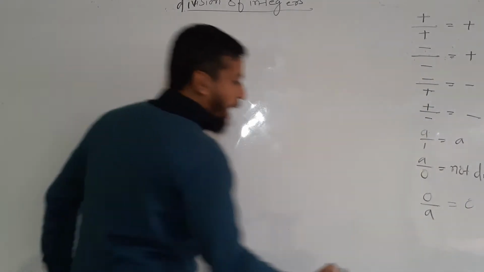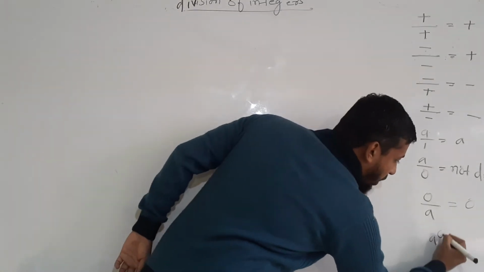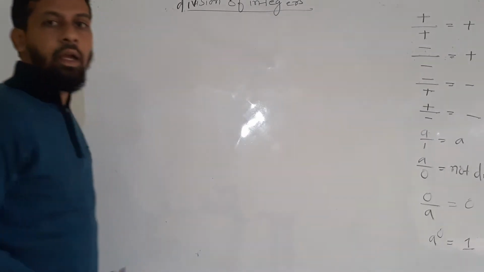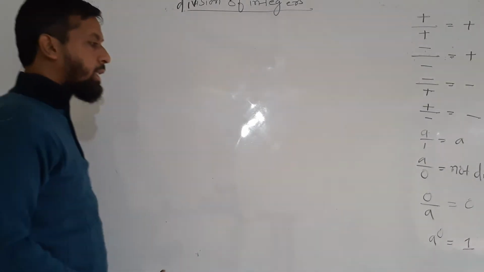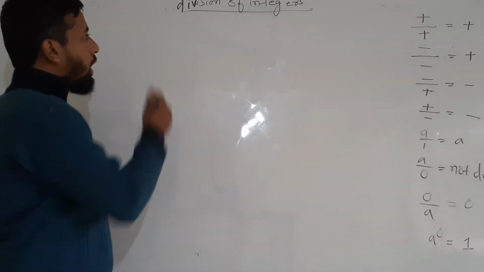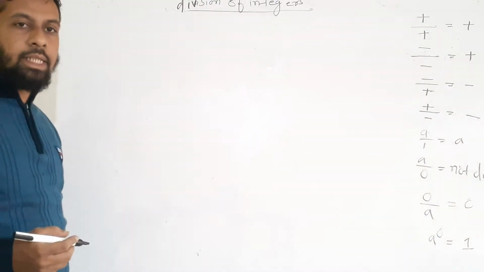Also keep in mind, anything to the power of 0 is 1. Now we take some examples based on that and try to learn how to divide it.